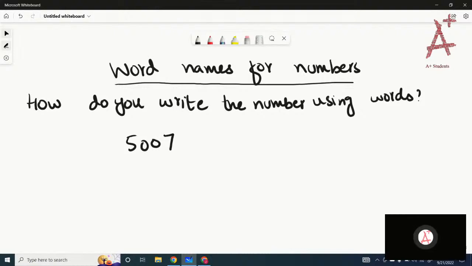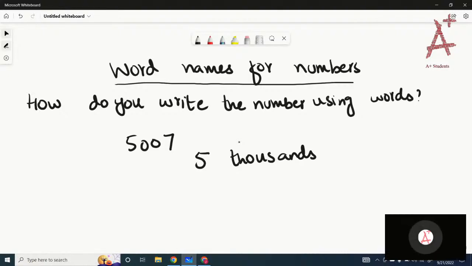Got it? Like you are given 5007. You just need to remember how to write the numbers between 1000 and 9999. First, we write how many thousands we have: five thousand. Then we write how many hundreds we have.